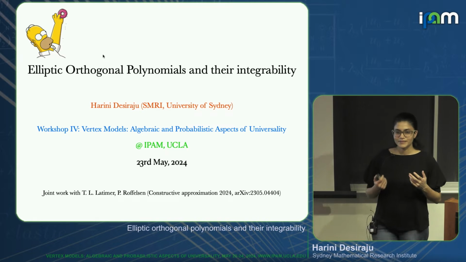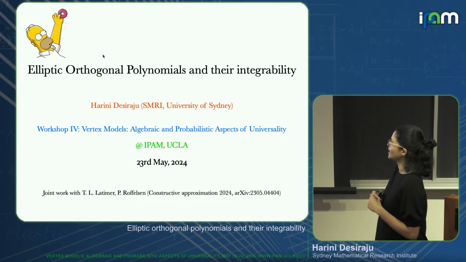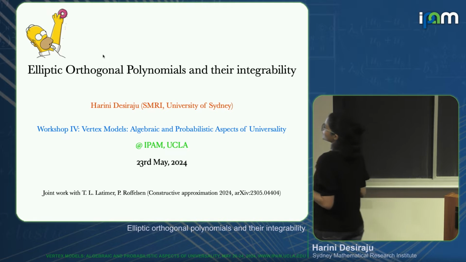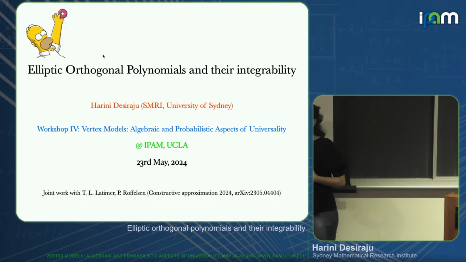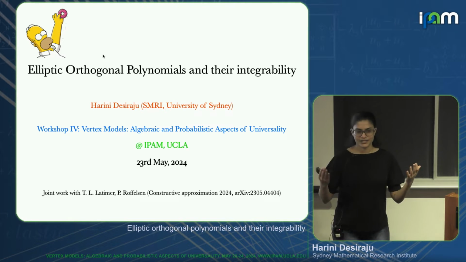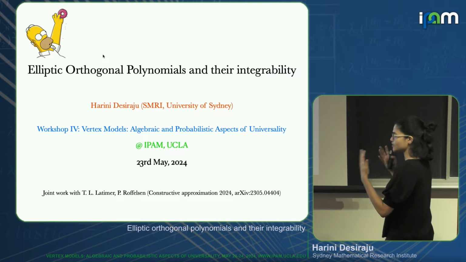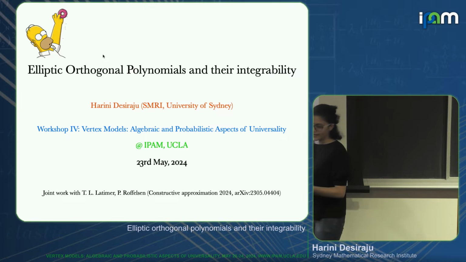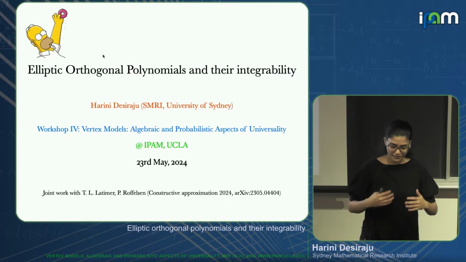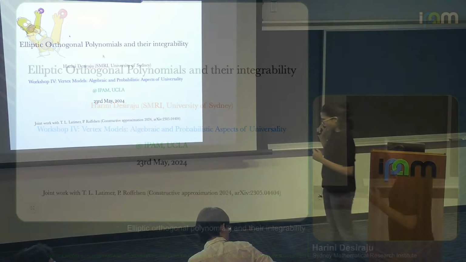Okay, so I come from the integrable side of the woods. And over the past few years, I've been very interested in elliptic generalizations of different quantities that we know from integrability, mainly Painlevé equations and isomonodromic deformations in general, and also conformal field theories, and that's where I came from into this.